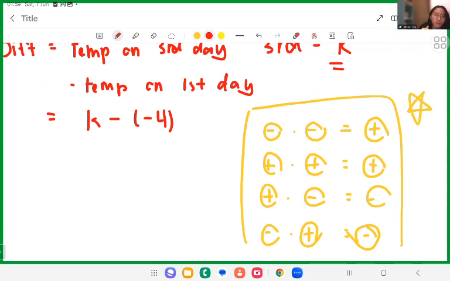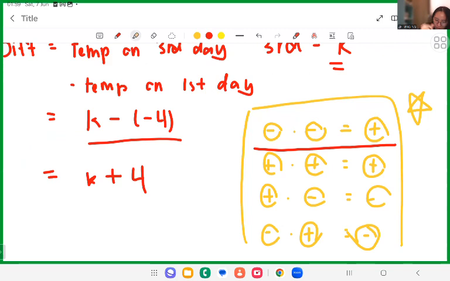Let's go back to the question. The question is K minus (-4). So for this, minus times minus, we use this and we get plus. So we get K plus 4.